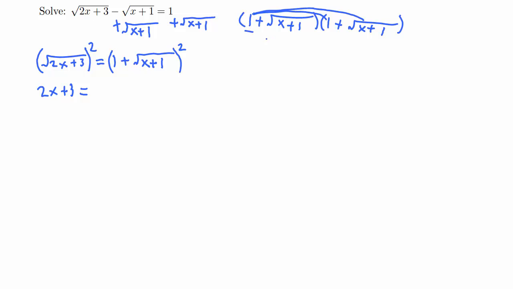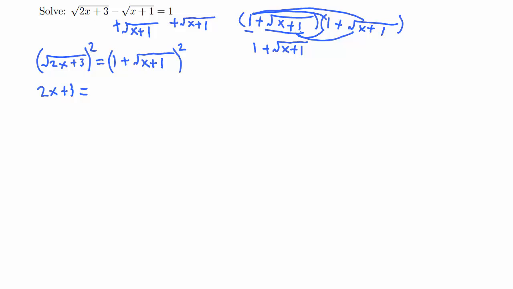What's 1 times 1? 1. 1 times the square root of x plus 1. Well, 1 times anything is that anything, so it's just the square root of x plus 1. And then distributing the square root of x plus 1 to both terms here.